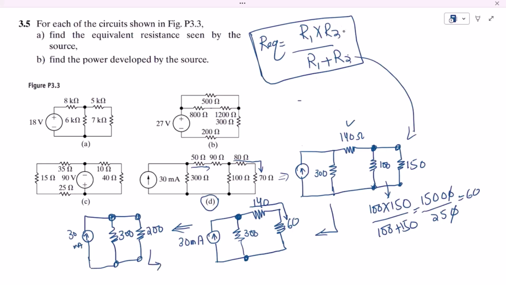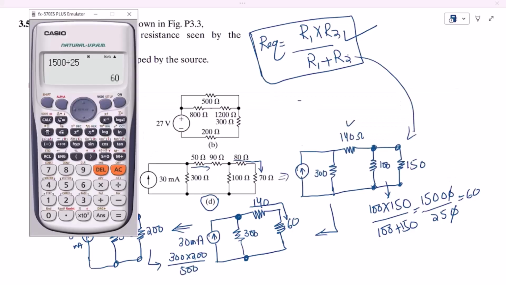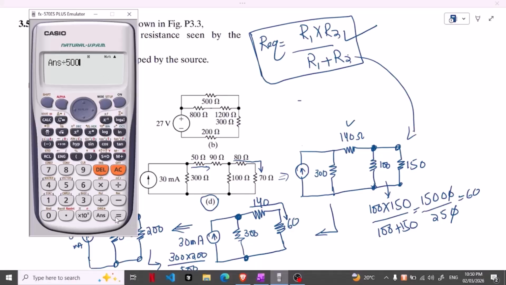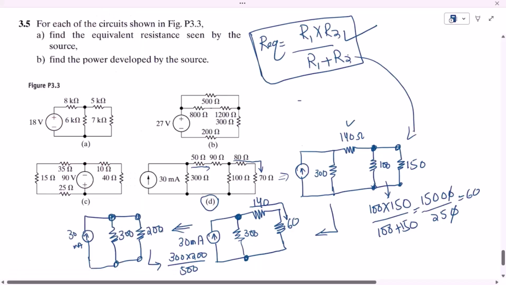Applying the same formula, it will be 300 multiplied by 200 divided by 300 plus 200, which is 500. Let me simplify it: 300 multiplied by 200 is 60,000, divided by 500. So that is 120.